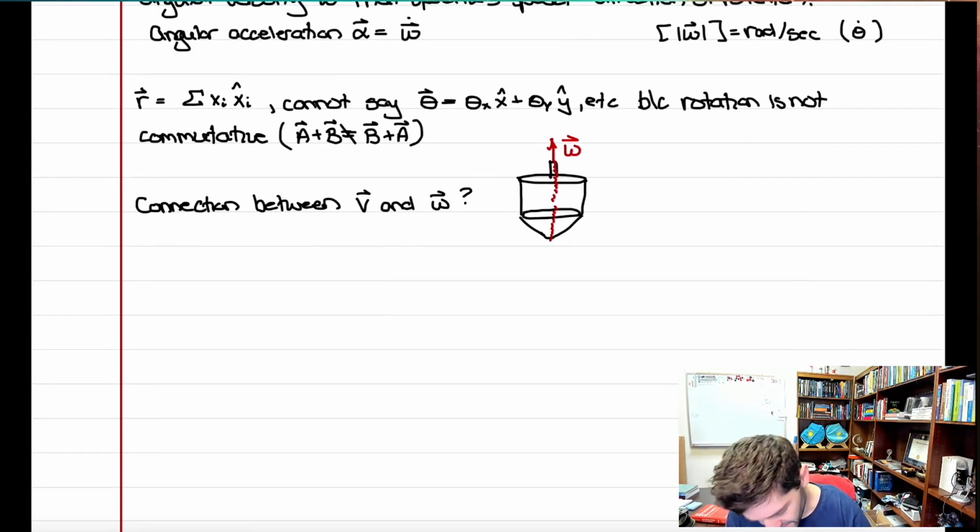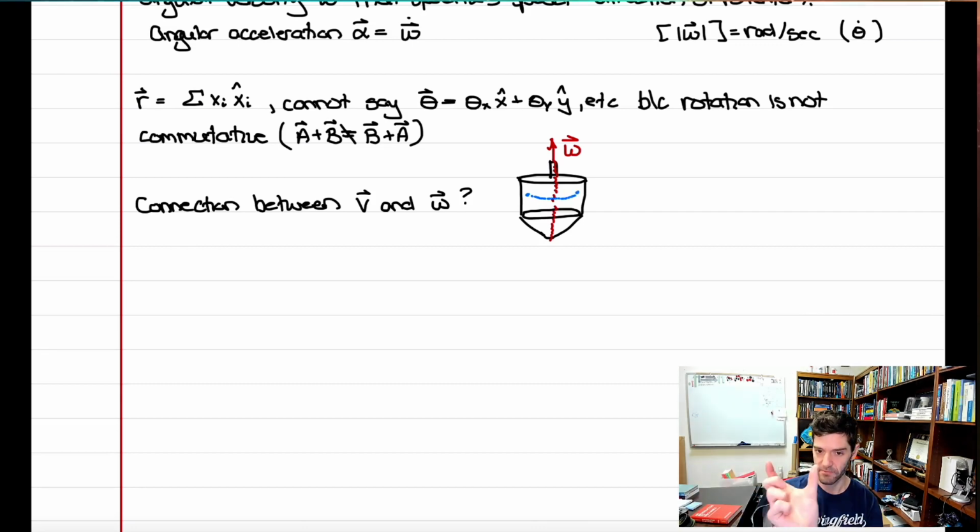And I want to describe the position of, let me use a different color, maybe this point right here on the top, and after it rotates a little bit, it finds itself maybe on this part of the top, so it's rotated a little bit in this case. Can I say something about the velocity of that point? And again, I want to ultimately focus on the calculus limit where I zoom in and it's not two points wildly different in theta, but from here, a little, and it rotates a tiny bit.